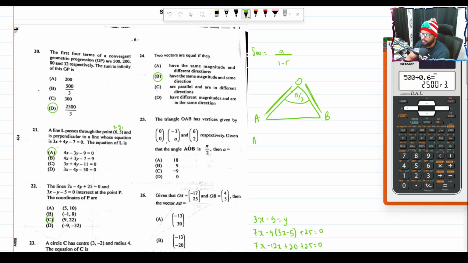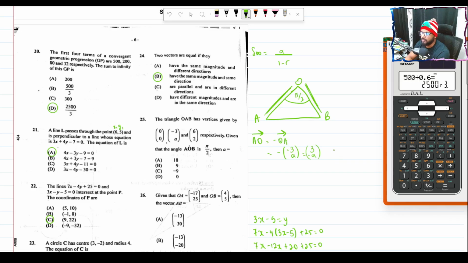Now AO is equal to negative OA. If the triangle has vertices given by this, this, and this, then this here is the center. So I'm going from O to A, which is minus 3A. Negative OA is going to be negative minus 3A, which is equal to (3, negative A).